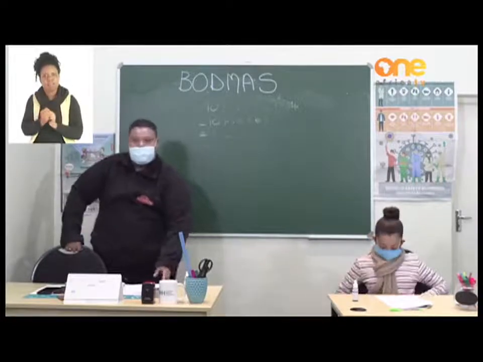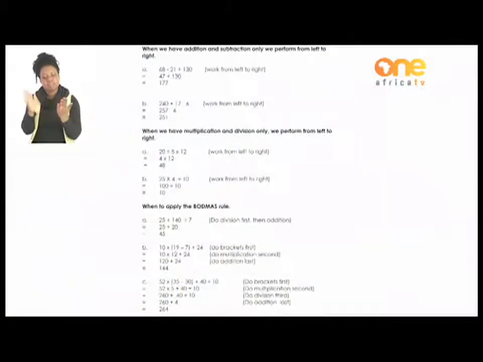Let's go back to page 11, and then we try the last example together. Let's see number C. 52 times, in brackets, 35 minus 30, close brackets, plus 40 divided by 10.